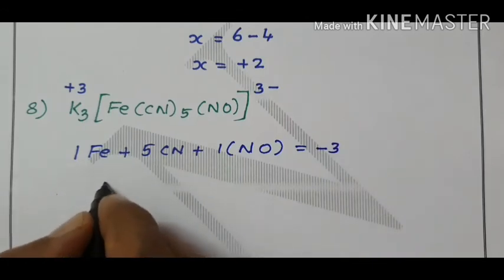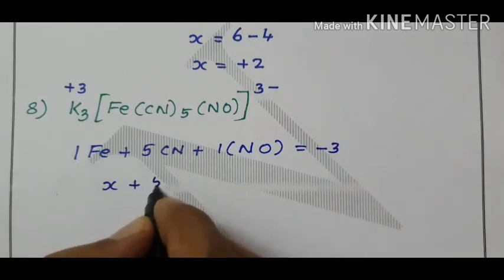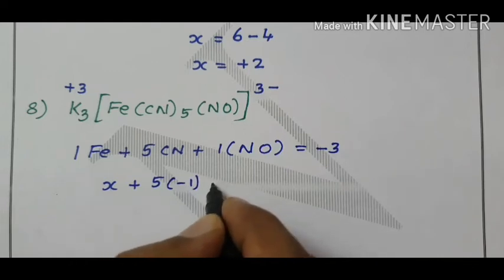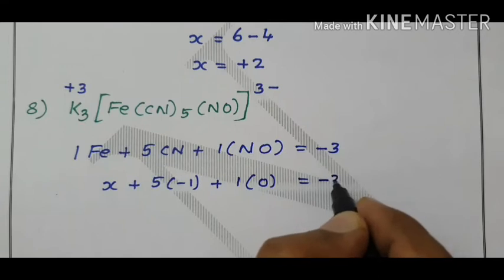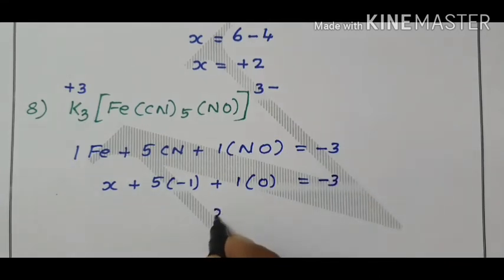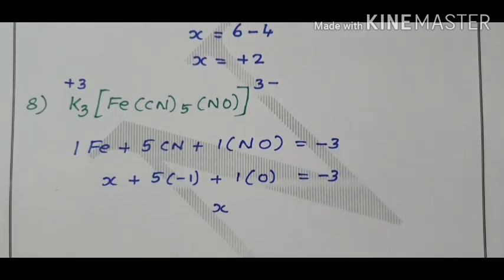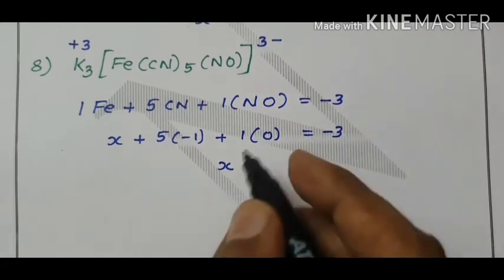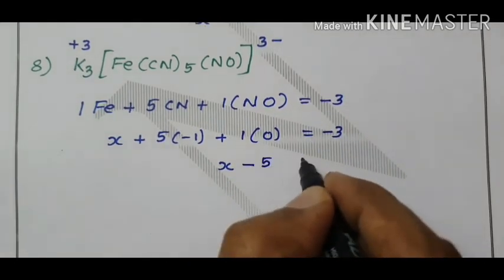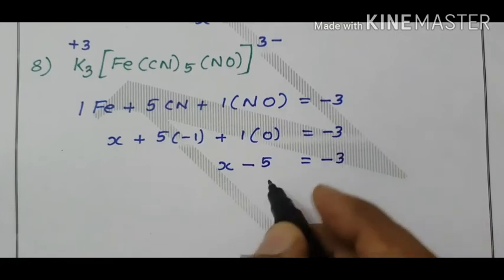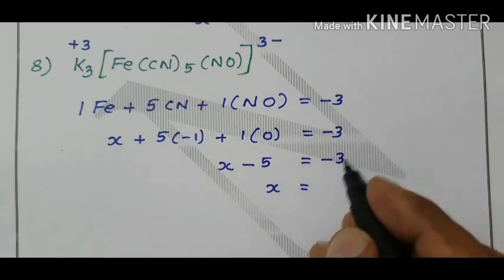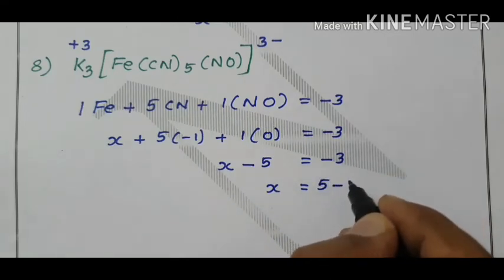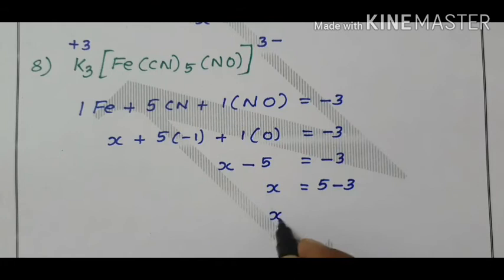1 Fe means X plus 5 into minus 1 plus 1 into 0 equal to minus 3. X, 5 into minus 1 equal to minus 5, equal to minus 3. X equal to, when you bring minus 5 to the right hand side, it becomes plus 5. 5 minus 3 equal to plus 2.